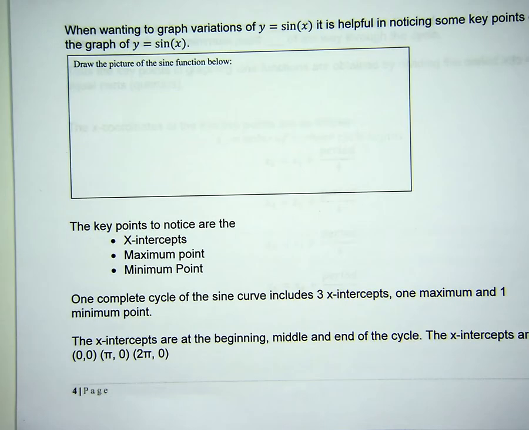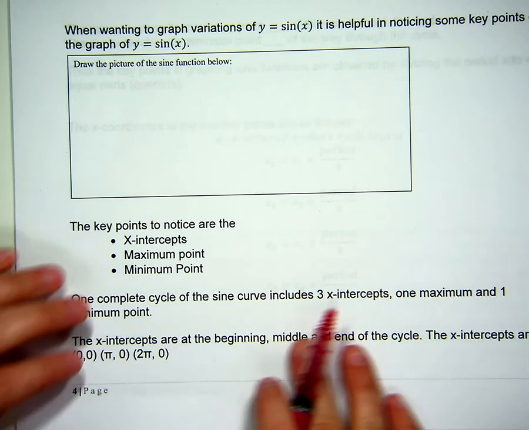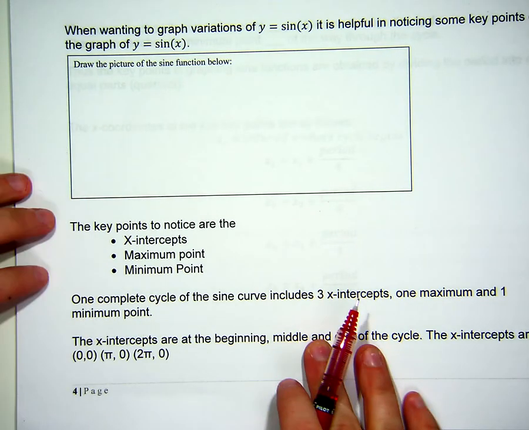Let's look at a couple of examples here. It says when wanting to graph variations of the sine function, it's helpful if we notice key points. A couple of things to notice.